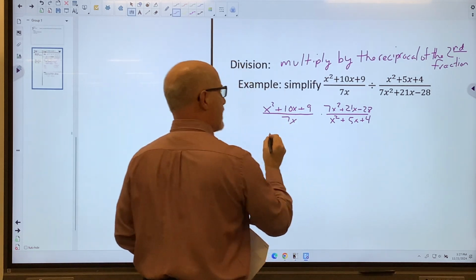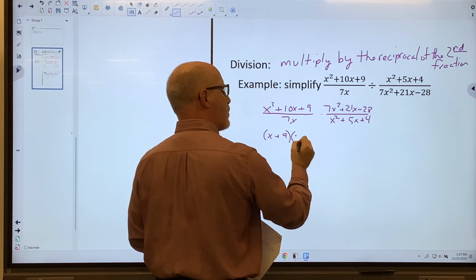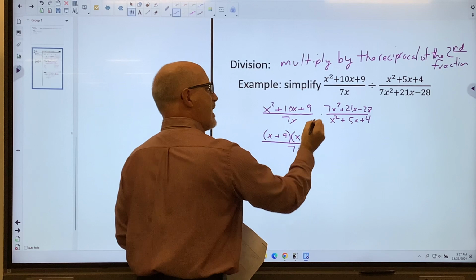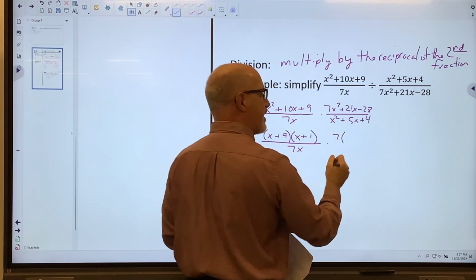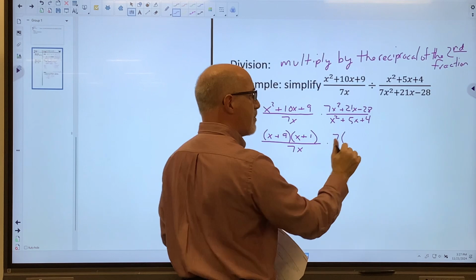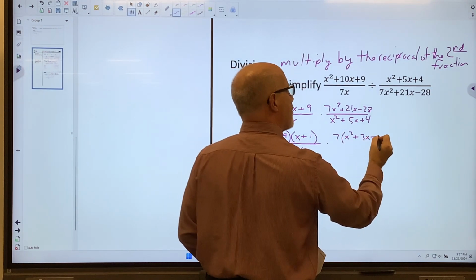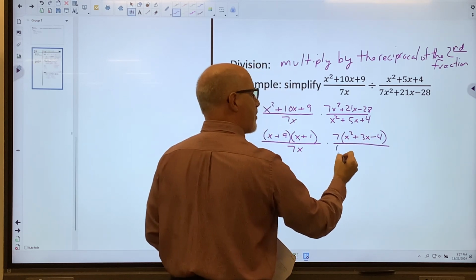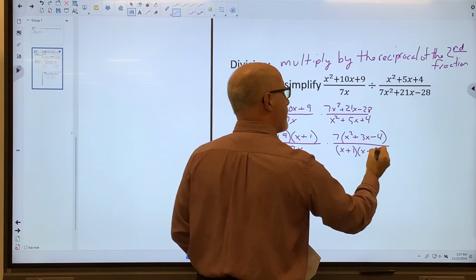So this first one here, that's going to factor into x plus 9, x plus 1, all over 7x. And this one up here, I'm going to factor out a common factor of 7. Take out the greatest common factor first, so x squared plus 3x minus 4, all over, and factor this denominator. I'm going to get x plus 1, x plus 4.